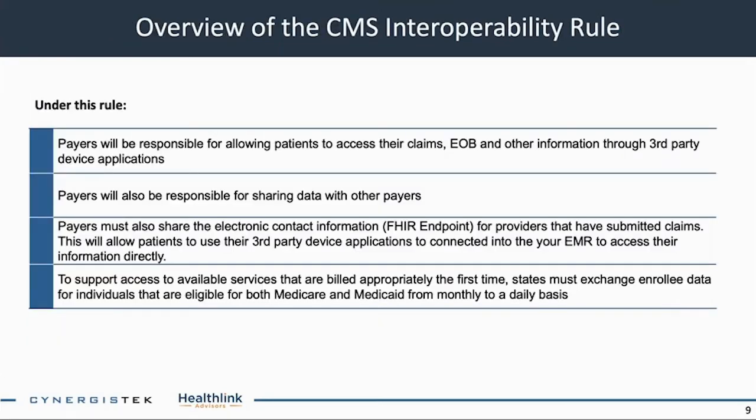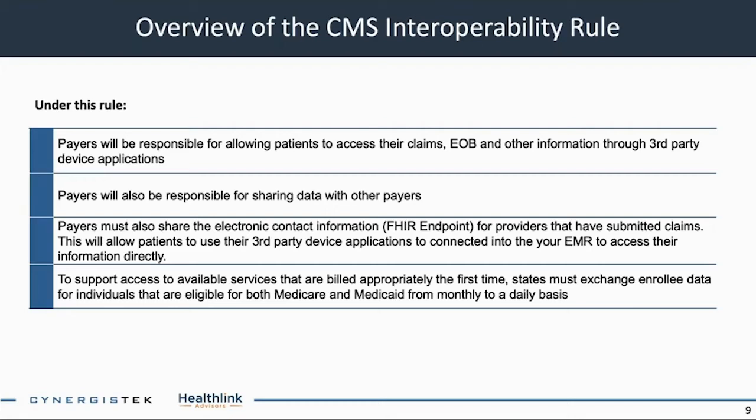So under these rules, there are a number of parties that they're applicable to. So for example, payers will be responsible for allowing patients to access their claims, explanation of benefit, and other information through third-party device applications. They'll also be responsible for sharing data with other payers so that the information will be more readily accessible. Payers will be obligated to share electronic contact information under the FHIR endpoint provisions.